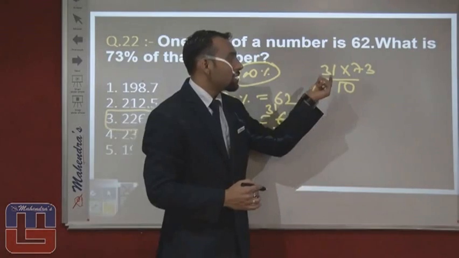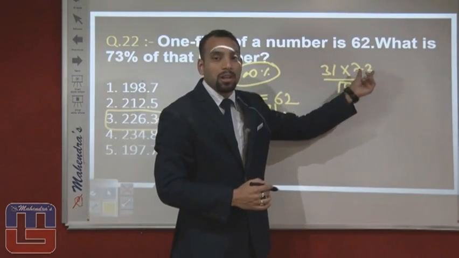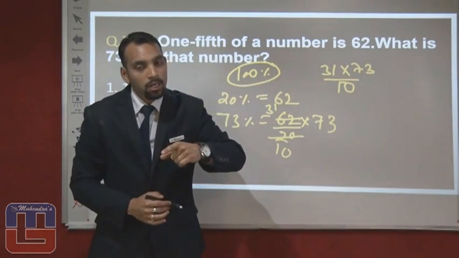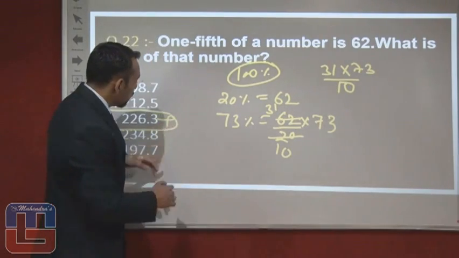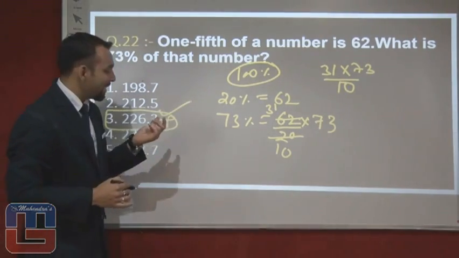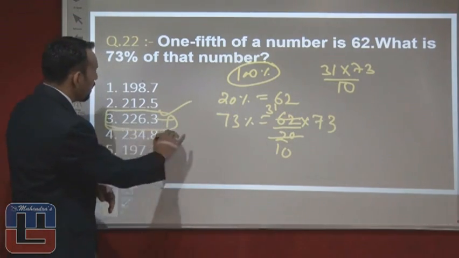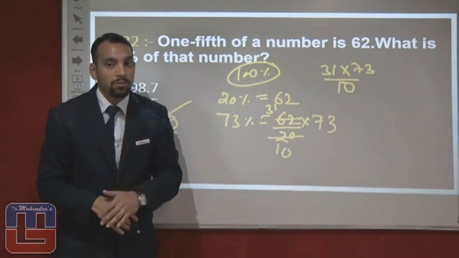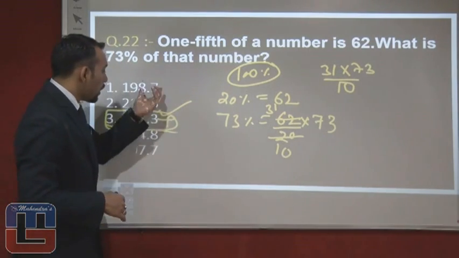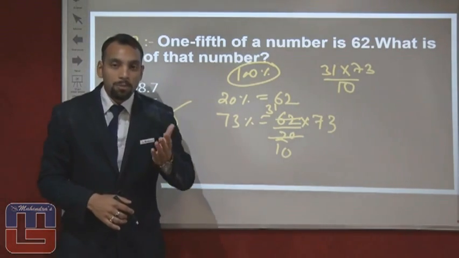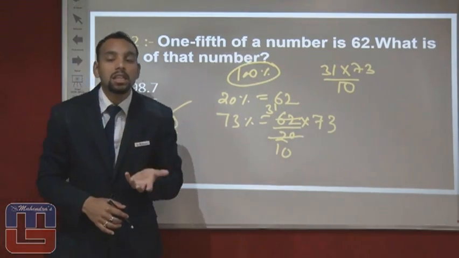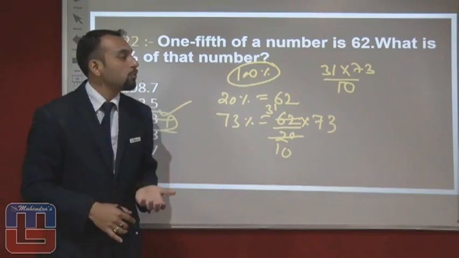And if we multiply 31 by 73, the last digit will be 3, right? So the answer of this question will be the third one. By picking the option, we can directly give the answer, right? Now move to our next question.